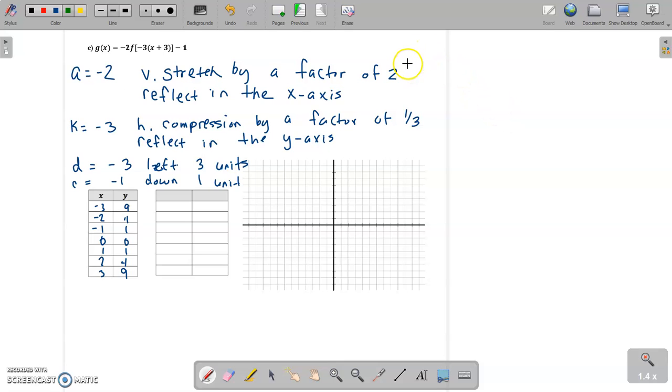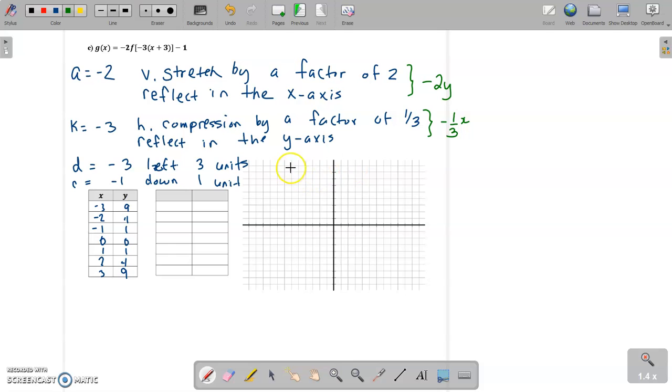The effect on the original y value would be multiplying it by -2. And then you've got your k value at -3, which is actually a horizontal compression by a factor of 1/3 and reflection in the y-axis, which would take each of the original x values and multiply by -1/3.